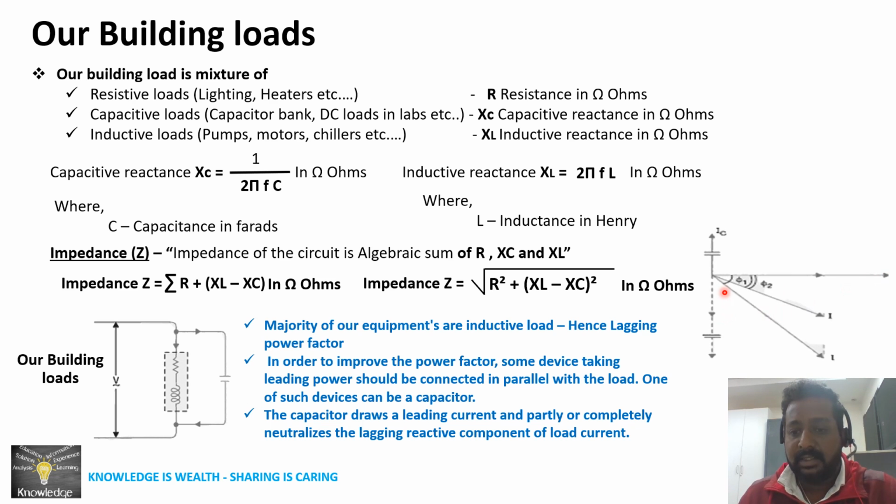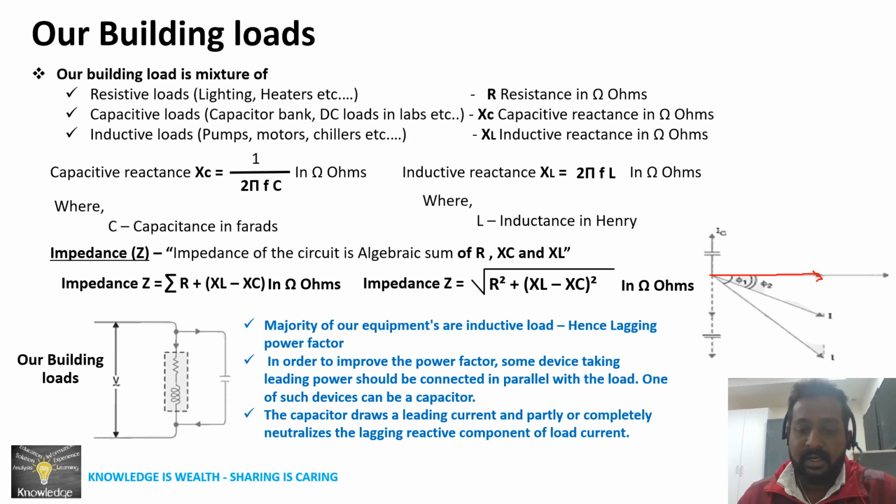Just to show, it is a current waveform and the angle is phi 1. If we introduce IC, then the power factor will improve to phi 2. It is not exactly inline. So when our capacitive load is equivalent to the inductive load, however much inductive load our building has, the same amount of capacitive load, if we turn on the capacitor banks, then the leading effect will neutralize all the lagging effect.